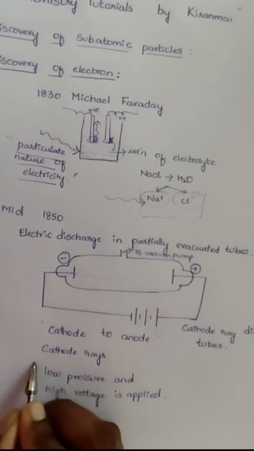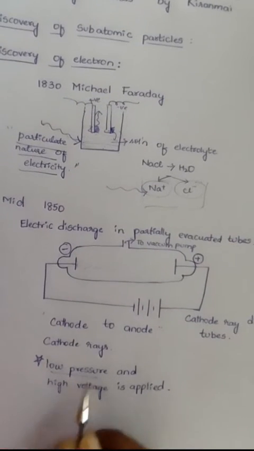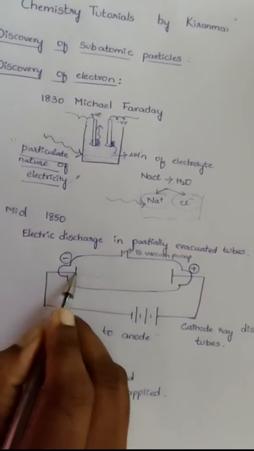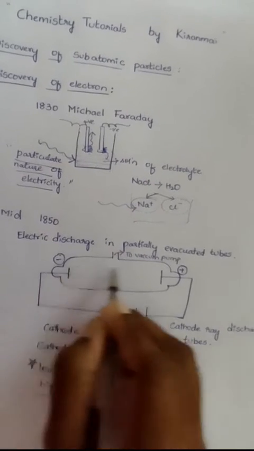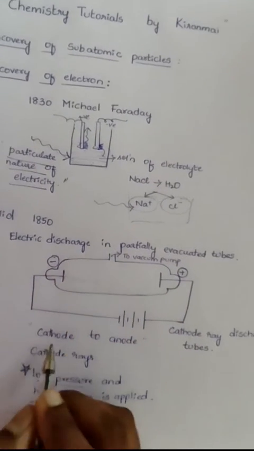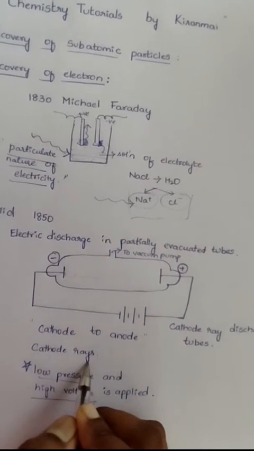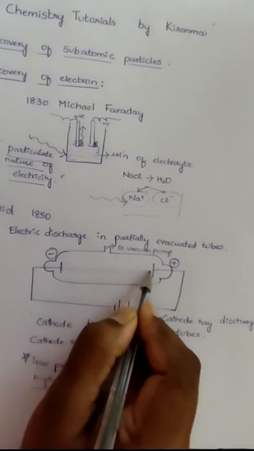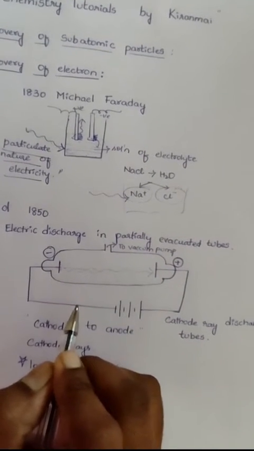So when electricity is passed through a gas at low pressure and high voltage, cathode rays are emitted from the cathode and move towards the anode.